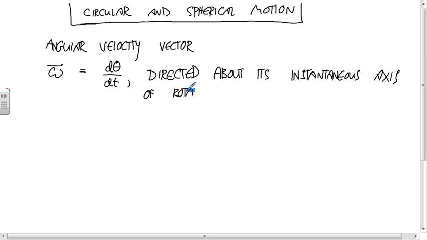And remember, being directed about the instantaneous axis of rotation only limits it to two directions. It could be one way along that axis or the opposite way along that axis. And our direction is defined according to the right-hand rule.